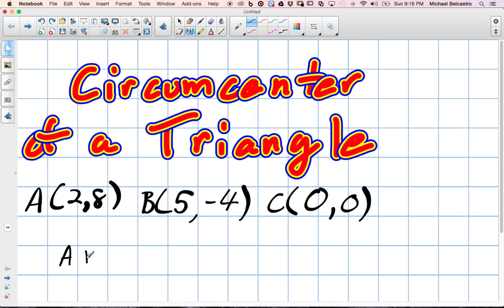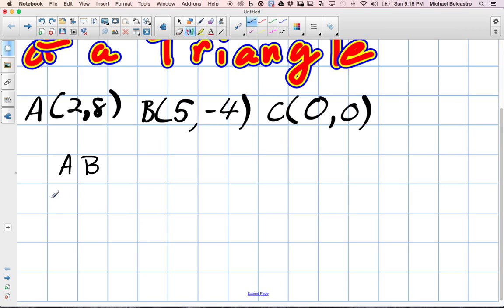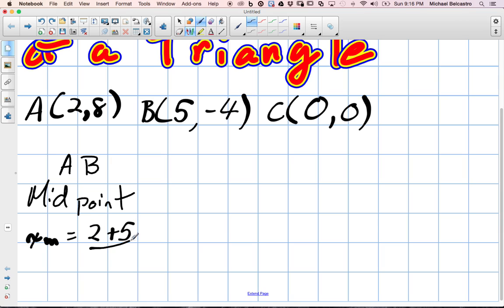So side AB, we need to find first the midpoint. So find the midpoint, we're going to add our 2 x values. Our x midpoint is going to be equal to (2 + 5) divided by 2.